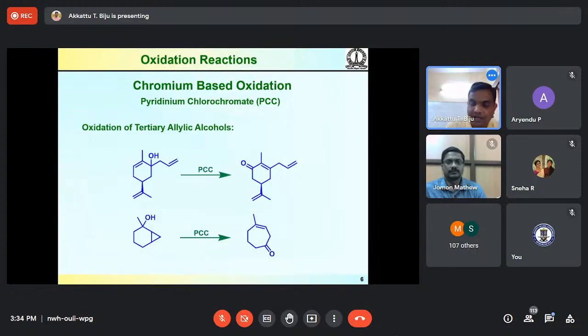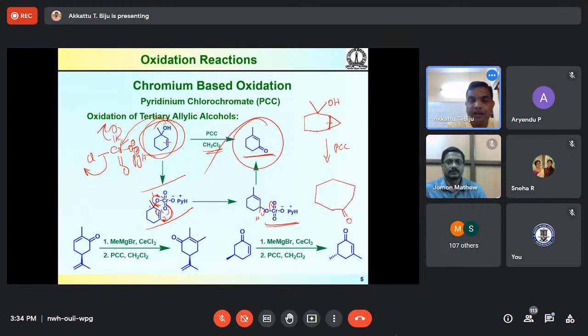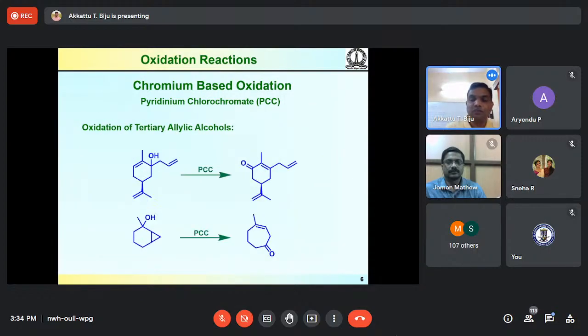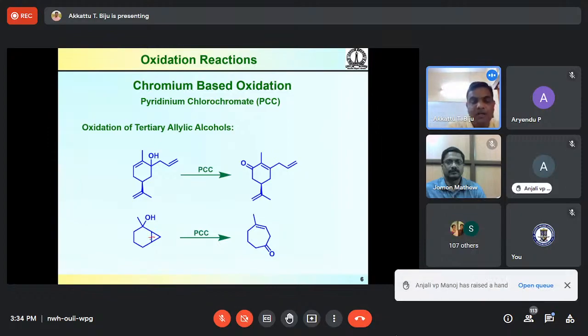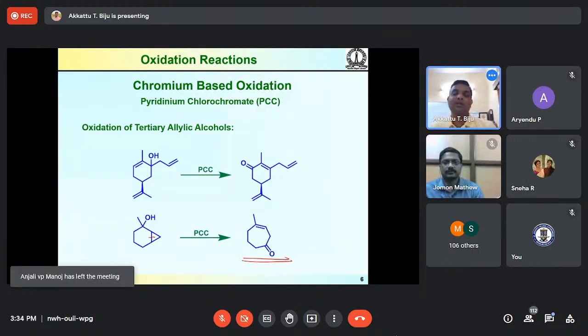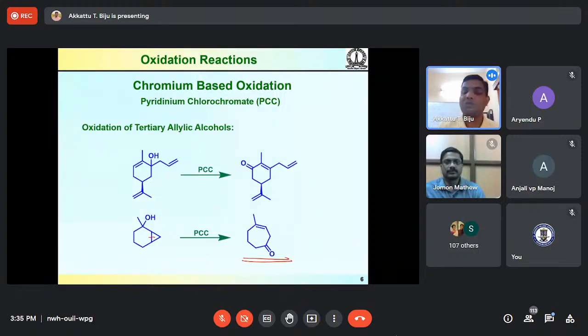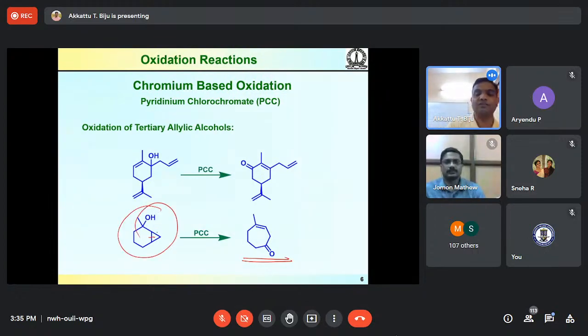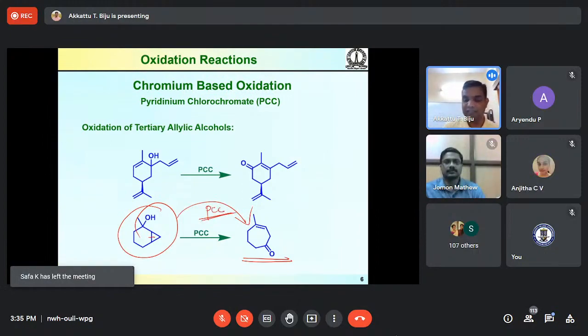So instead, as I told you, the allylic system will cleave, a 3,3 sigmatropic rearrangement will take place. In this particular case, this cyclopropane carbon-carbon single bond will cleave to form this 7-membered ketone as a product. This is something very frequently asked in all sorts of competitive exams after masters: how you do this transformation, a ring expansion reaction, which is applicable by PCC.